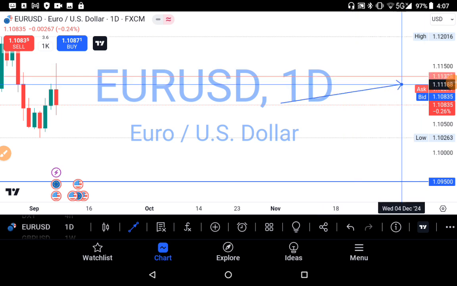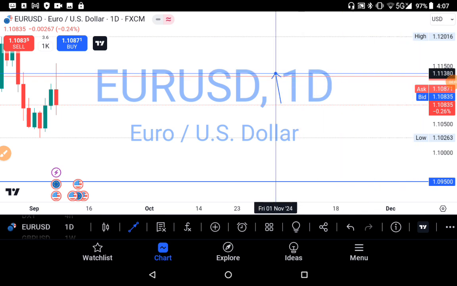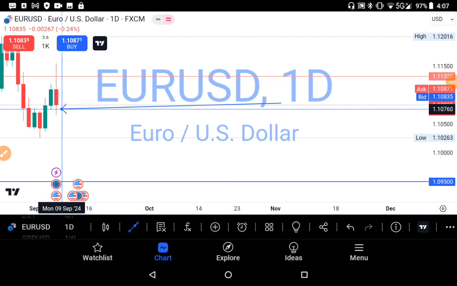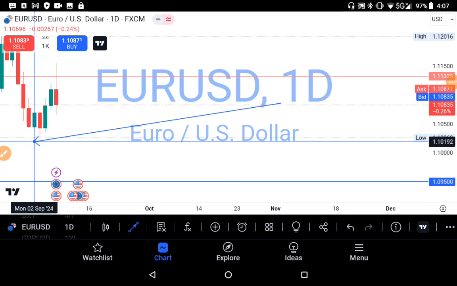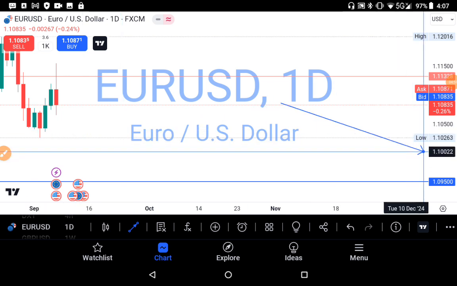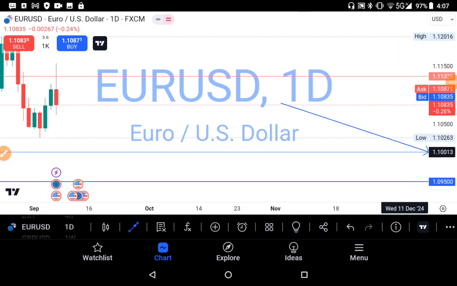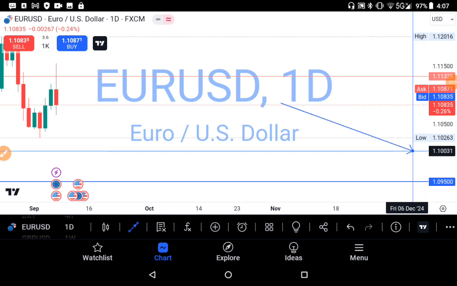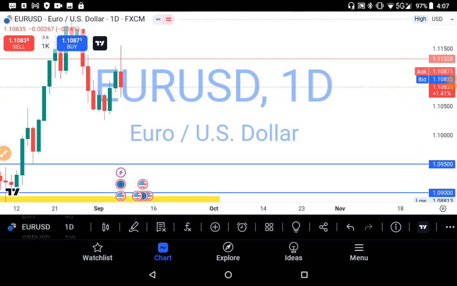So at 1.11328, we find the support around that area, or we find a kind of resistance around that area, and the coming week, I will still be interested in 1.10,000. I'm still interested in that level the coming week. So that's on Euro USD.